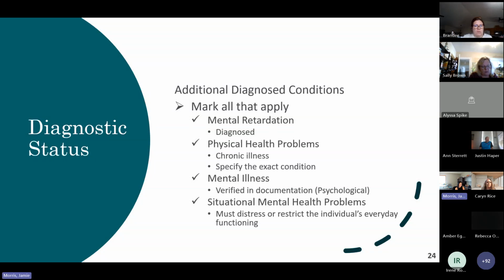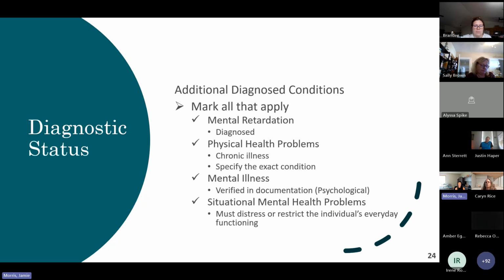And the last one, besides other, is situational mental health problems. In order for that one to be considered, it must distress or restrict the everyday life functioning of that individual. So again, you're going to hear me say it again, there has to be documentation to support it, otherwise you're not including it.